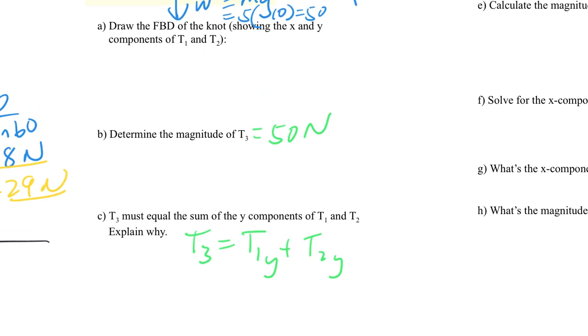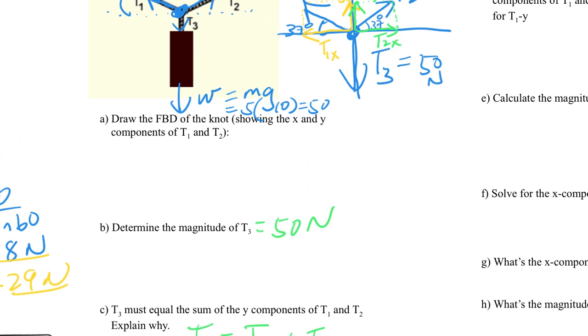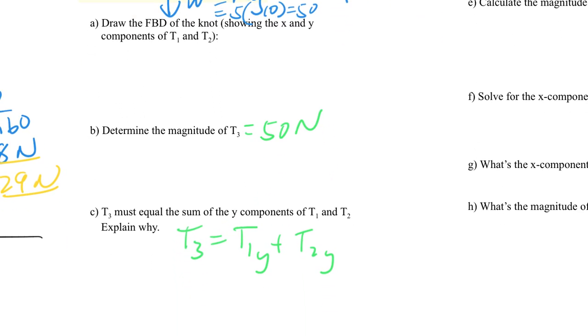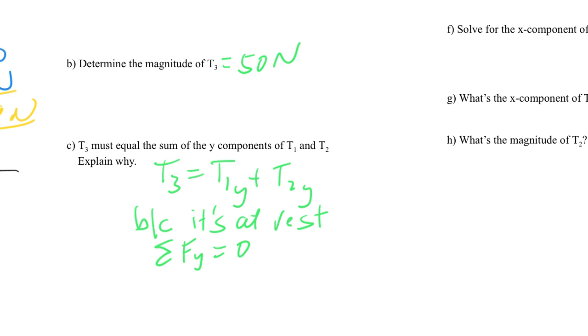Because it's not accelerating up or down. It's at rest. The whole system is at rest. So that means the net force in the y direction is 0. That means the y forces, the vertical forces, must balance out.